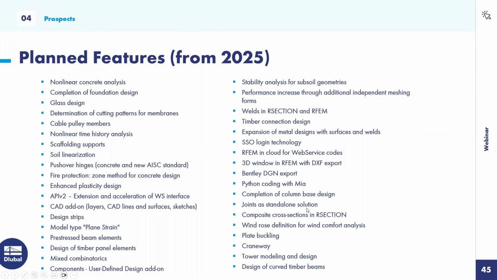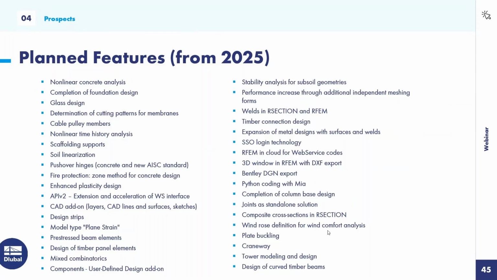Joints as a standalone solution. You can do a joint design for internal forces from external programs. Then composite cross-section in RSECTION. You can define the composite in RSECTION and design the individual components in RFEM 6.